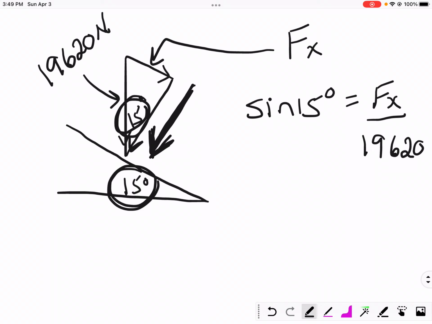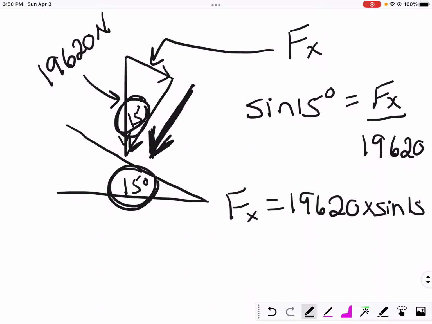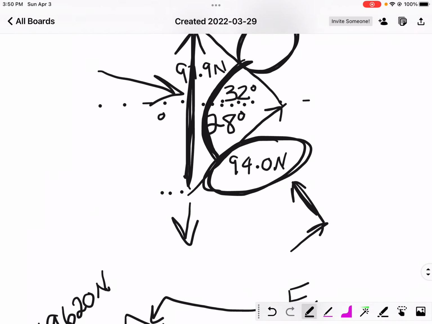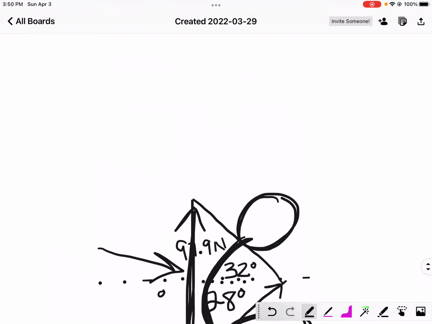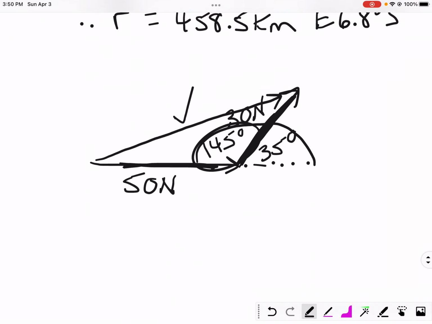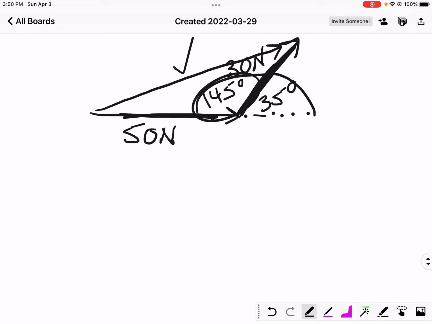But we've done this so often now that I will go straight to it. The opposite side is the hypotenuse times the sine of the angle. And this is really a common question, as is the piñata question, as is this question. Again, this is, for example, two tow trucks pulling a car. But there is hopefully some help, some visuals to explain where I'm getting some of these numbers and how I'm drawing the diagrams.